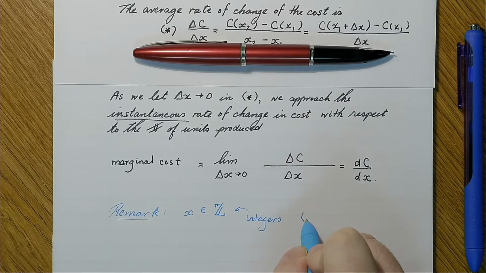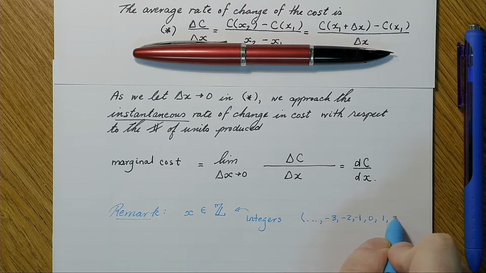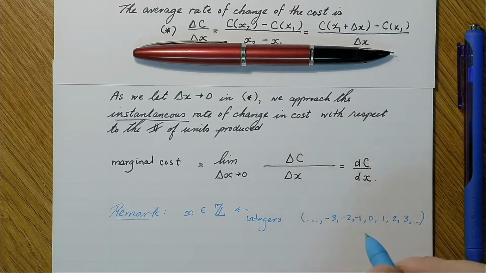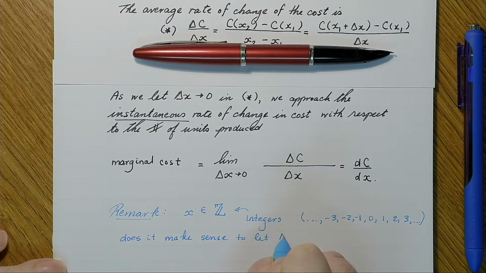And remember, those integers are like -3, -2, -1, 0, 1, so counting numbers with 0 and the negative numbers. Does it make sense to let the change of x go to 0? Maybe not. But it's one of those things that we use so that we can apply calculus.